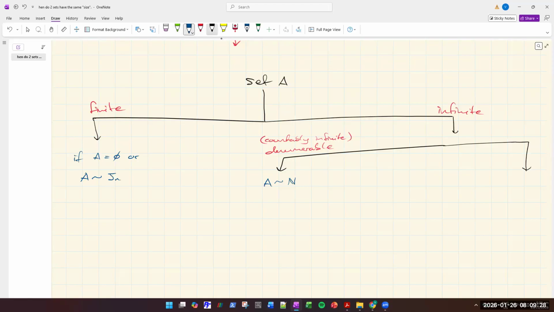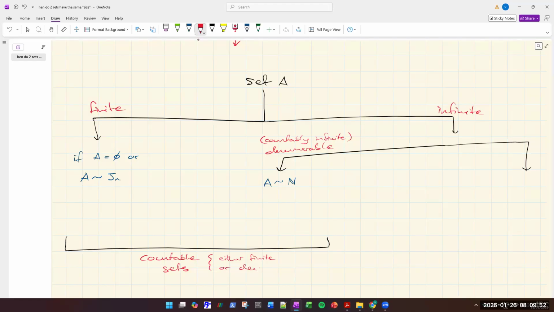And we will see in a bit that these two, finite and denumerable, are what we call the countable sets. So countable means you are either finite or denumerable.